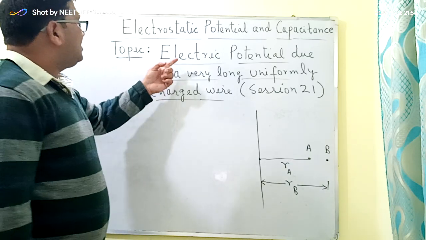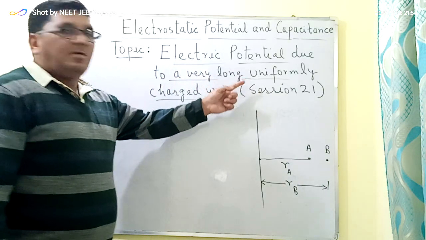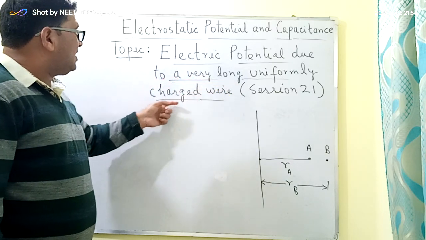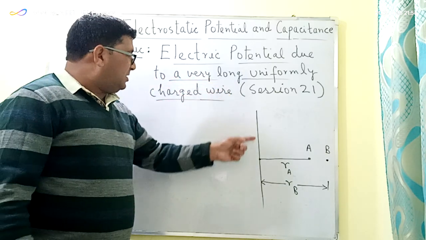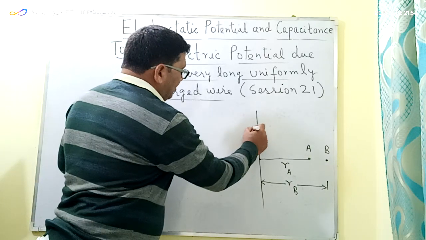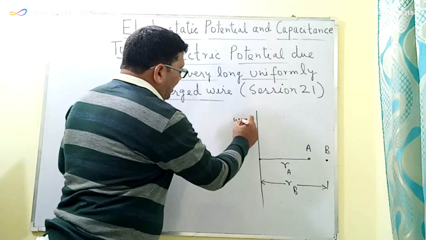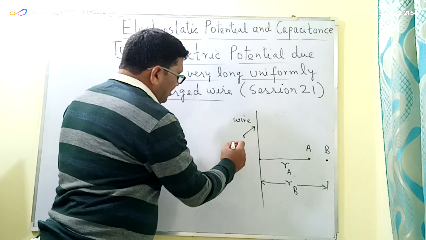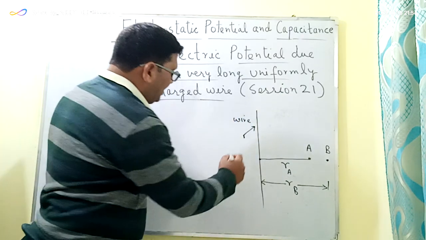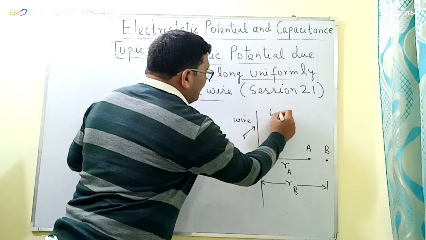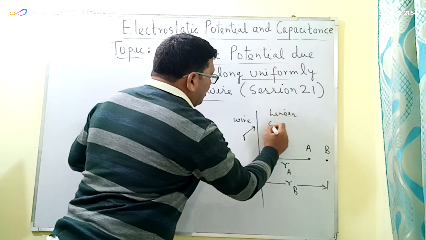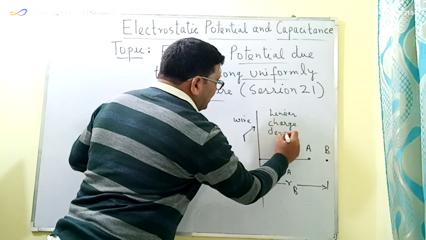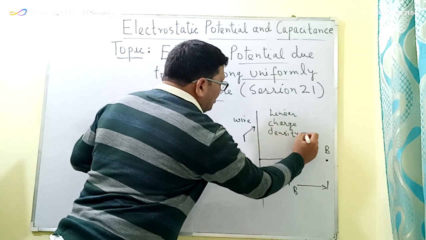The topic is the derivation of electric potential at a point due to a very long uniformly charged wire. So here this is a wire, and this wire is uniformly charged and it has a linear charge density equal to lambda.